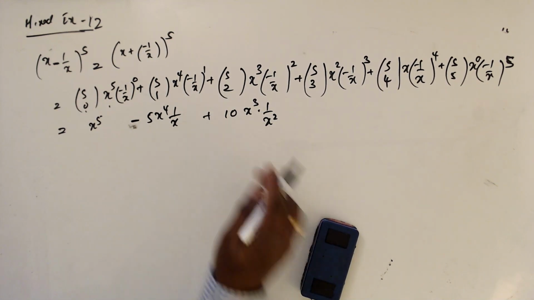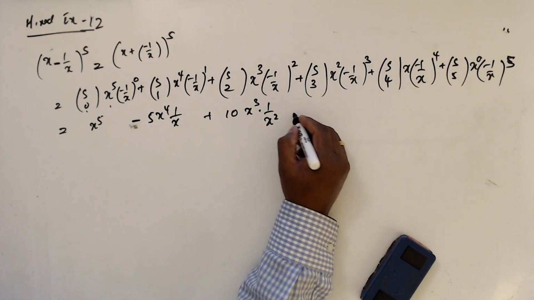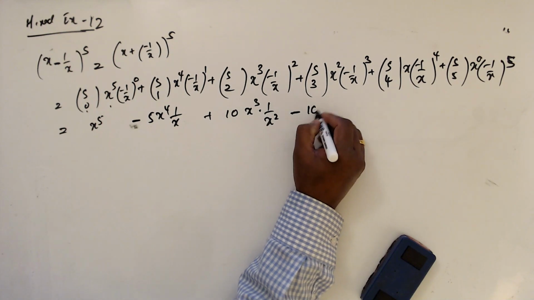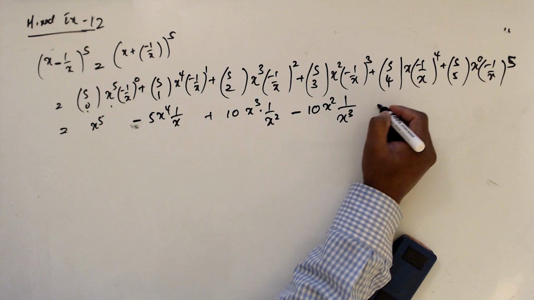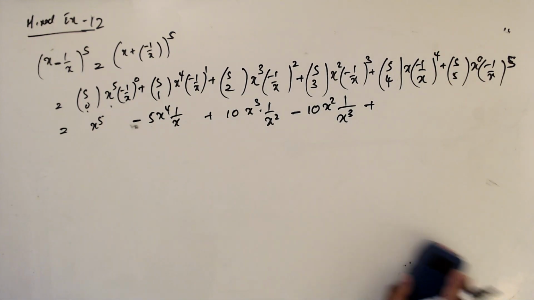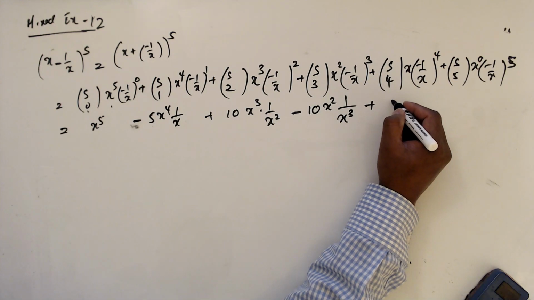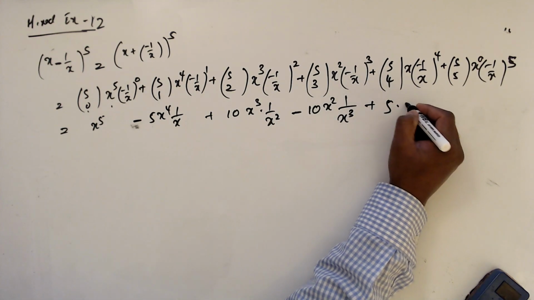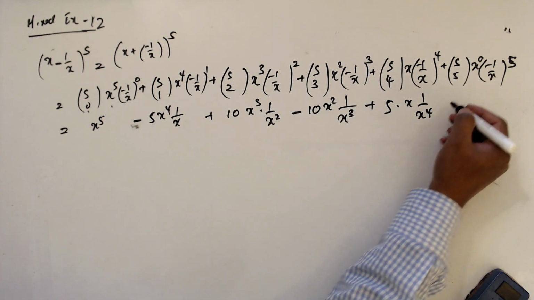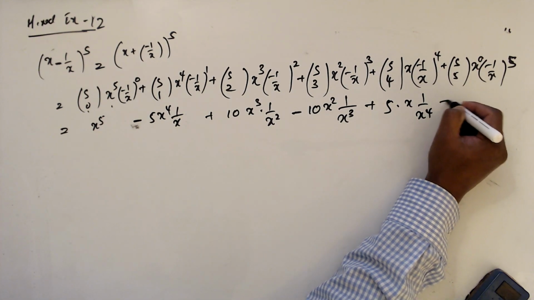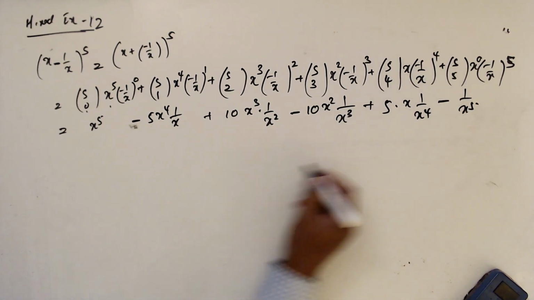Minus. And I can see this is an odd power, so it is going to be minus 10 x squared times 1 over x cubed, and this was even, so this is going to be 5 x times 1 over x^4, and this is going to be odd, minus 1 over x^5.